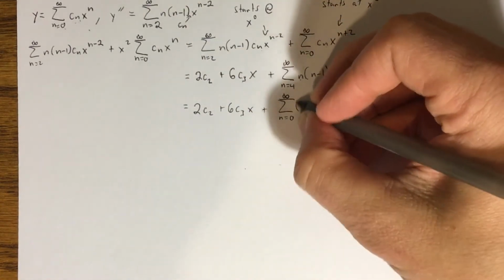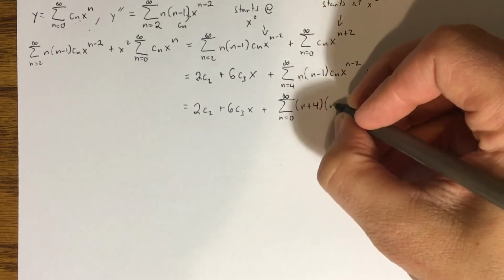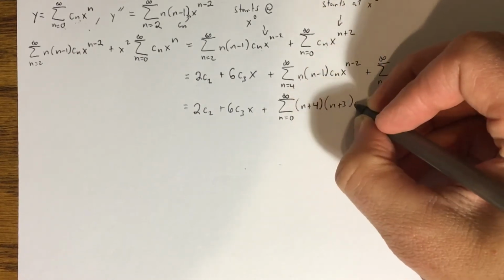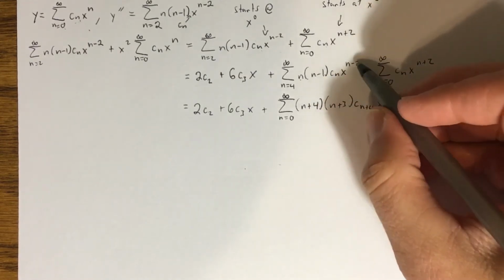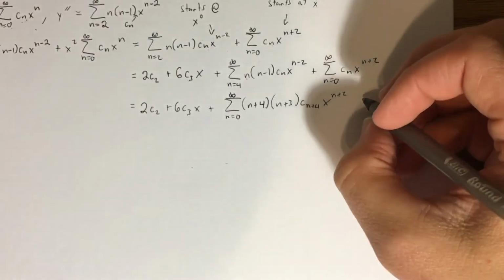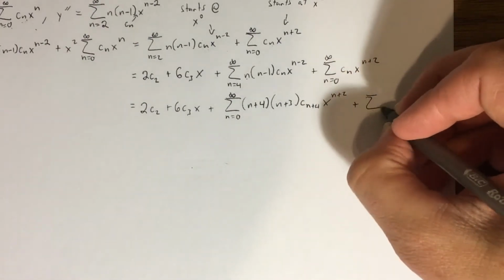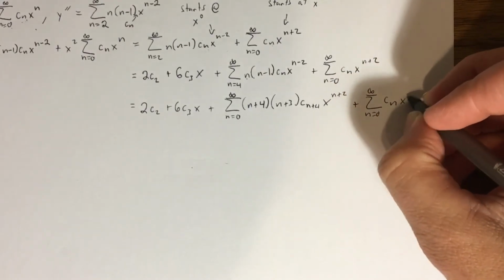So that n becomes n plus 4. n plus 4 minus 1 is n plus 3. This becomes c n plus 4, and this becomes x to the n plus 4 minus 2, which is n plus 2. Okay? Plus n equals 0 to infinity, cn x to the n plus 2.